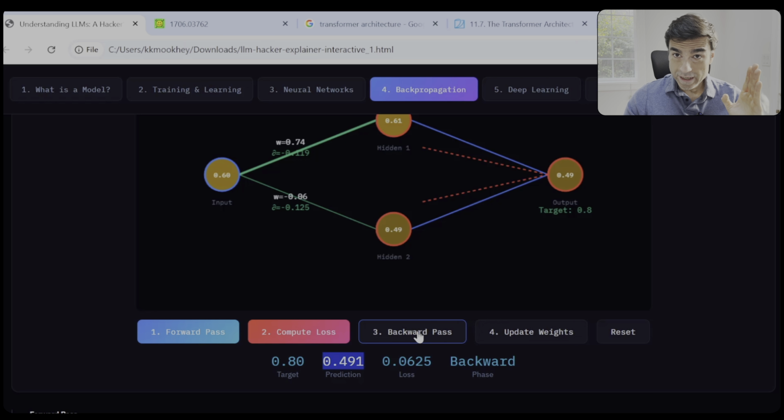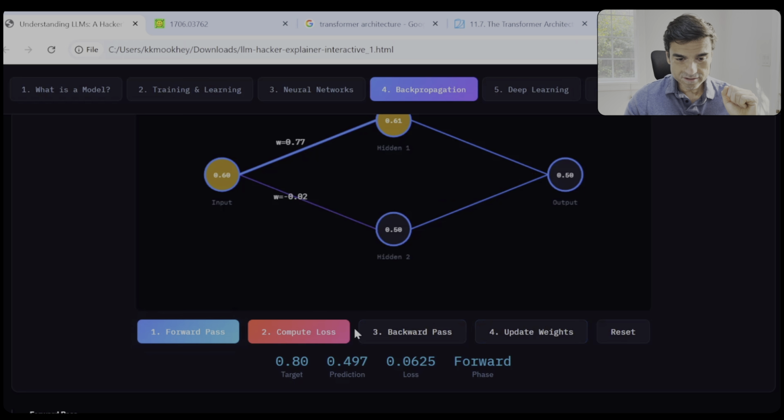Send this information back, but in a way where I understand which node, changing which bias value and which weight value will have the most impact in getting me as close as possible to the expected output. So I compute the loss, send the data back, update the weights. Repeat this multiple times, and I keep moving closer, as you can see, to my expected target value.